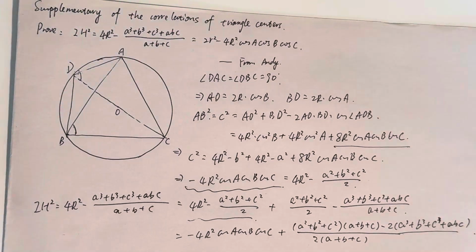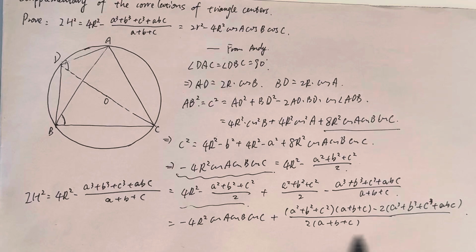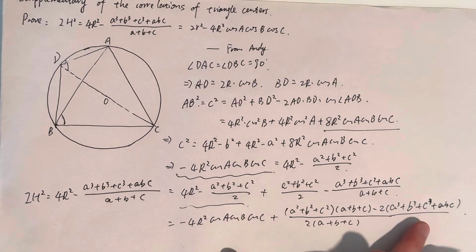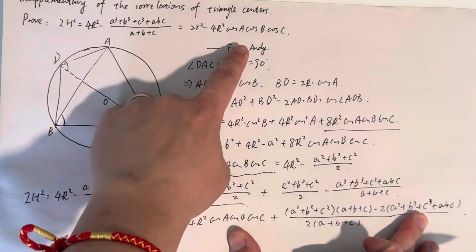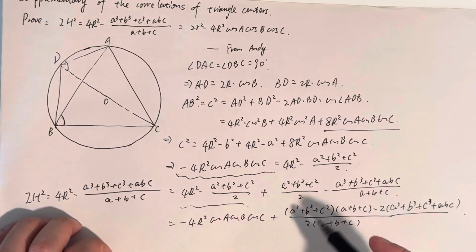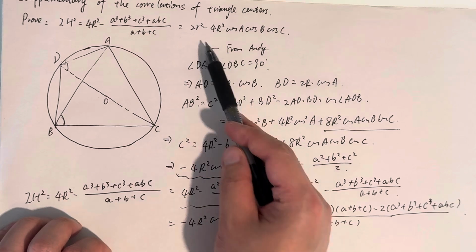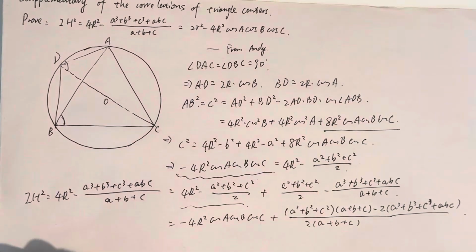Right? So if you compare this term, this one, and this one, we just need to prove this term equals 2R squared, right?